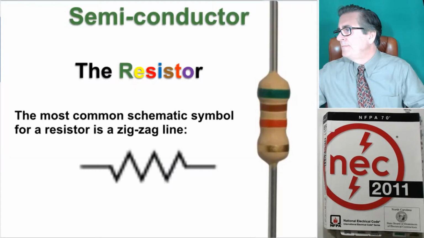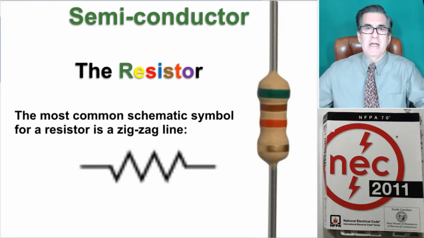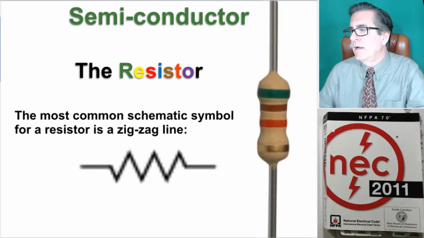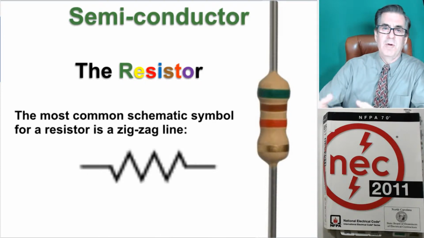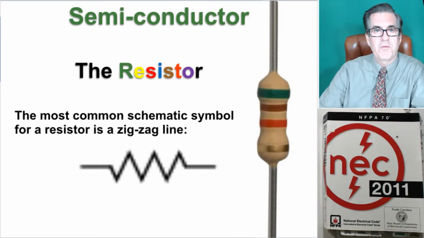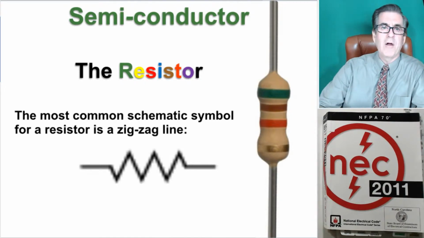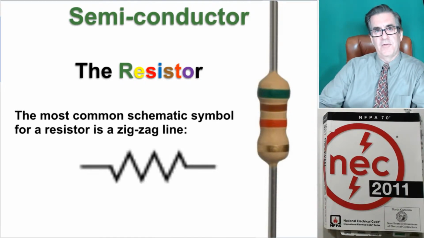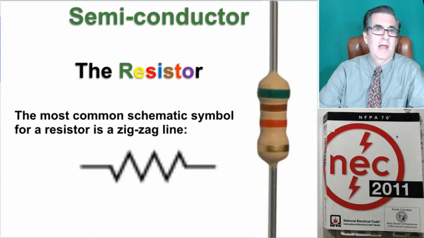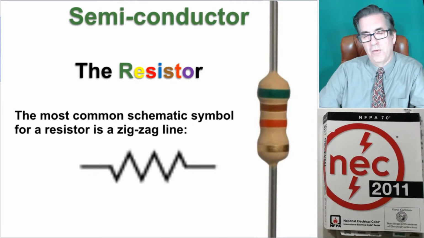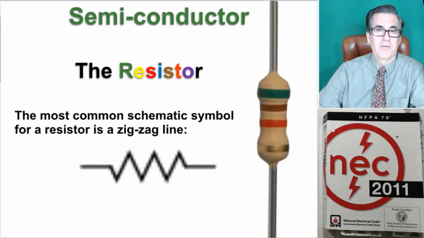Let's see, resistors. This is an example of a resistor. They're either made of carbon, some form of semiconductor that restricts the flow of current through them. Sometimes they're wire wound, meaning they have a little wire wrapped around a bunch of times, and that wire actually causes the resistance, because as you know, the longer the wire, the more resistance there is on those conductors.